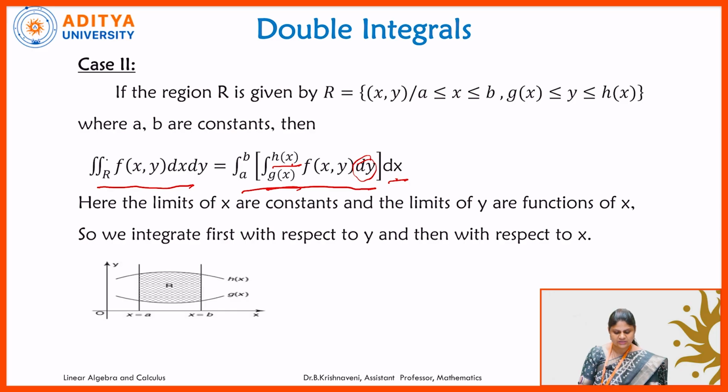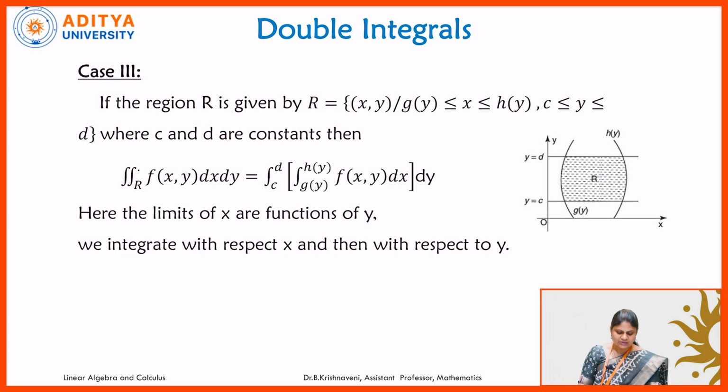In such cases, we need to integrate first with respect to the variable having variable limits, that is with respect to y, and thereafter with respect to the variable having constant limits, that is x. Here the limits of x are constants and the limits of y are functions of x, so we integrate first with respect to y, then with respect to x.